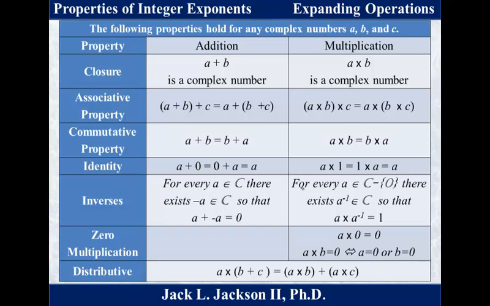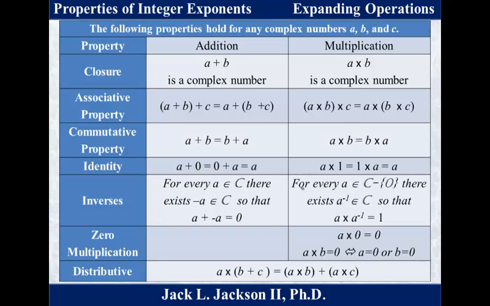For every non-zero number, there exists a multiplicative inverse in the complex numbers, so that when you multiply a times this inverse, you get the multiplicative identity, which is 1. This is just the reciprocal. So the multiplicative inverse of 2 is 1/2, and the multiplicative inverse of 1/2 is 2. We also have a 0 multiplication property.